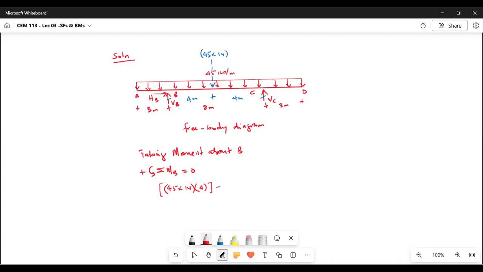Minus, this is clockwise, negative. So plus this distance, the VC, times a distance of what? 8.